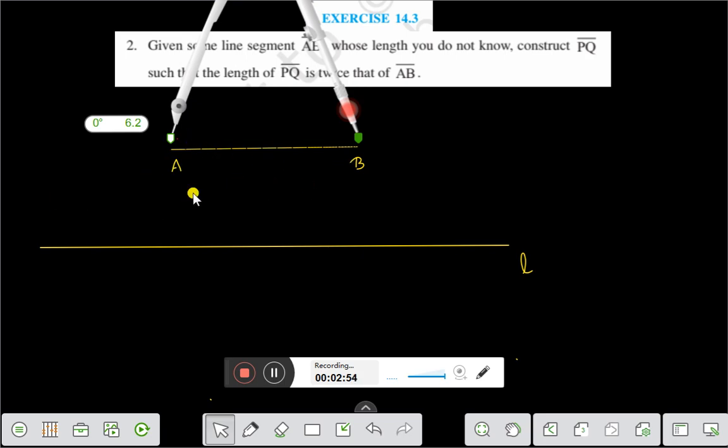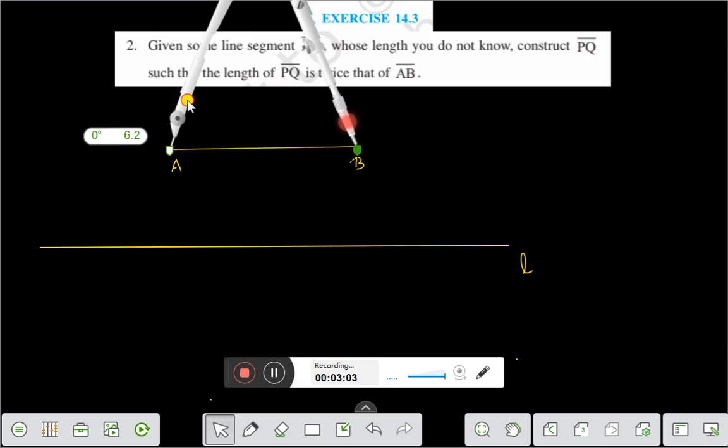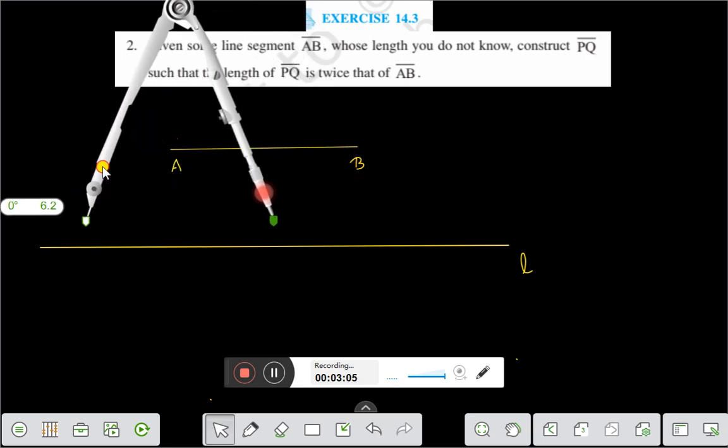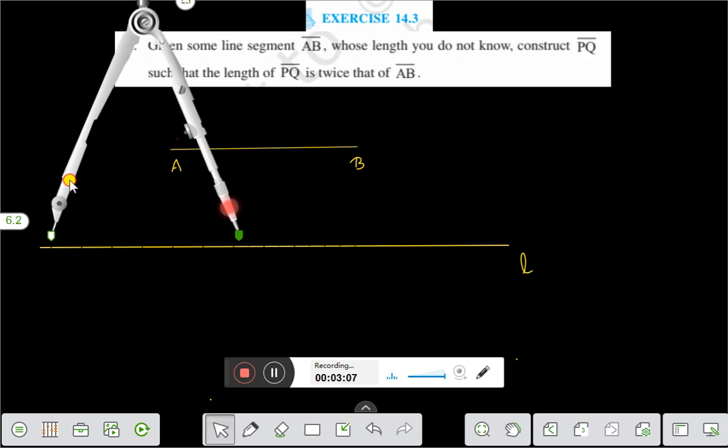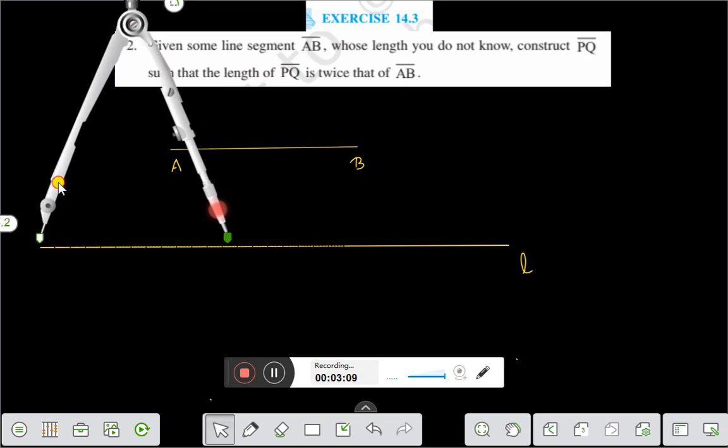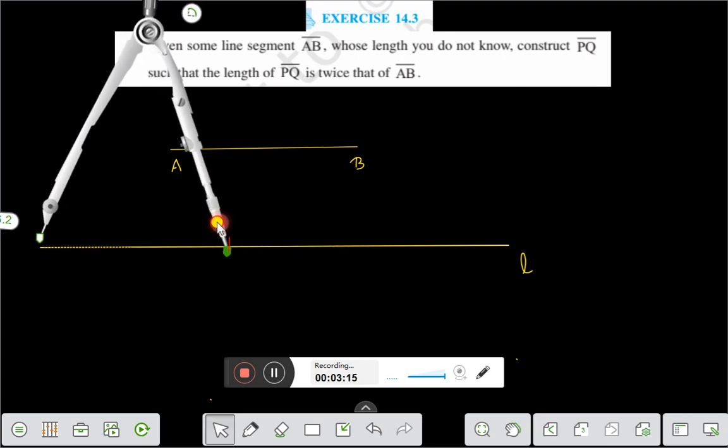This length is fixed. Now we take this compass, without disturbing its length, here on the line, and draw an arc here.